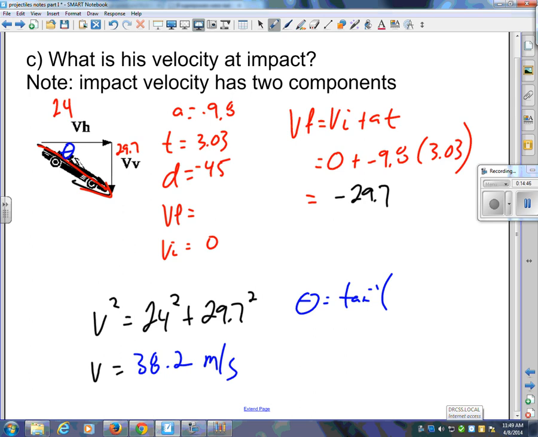Inverse tan, opposite over adjacent, 29.7 over 24. Make sure you're in degrees, those of you in pre-calc. Just you, Mike. 51.